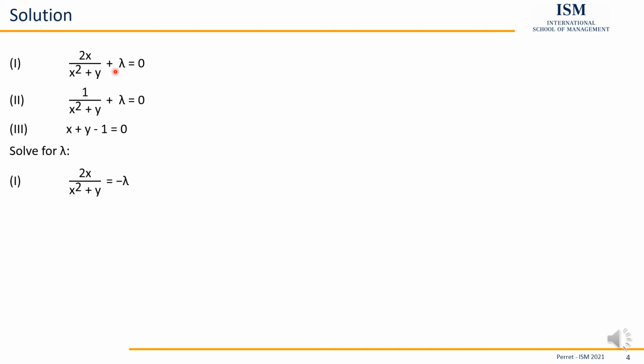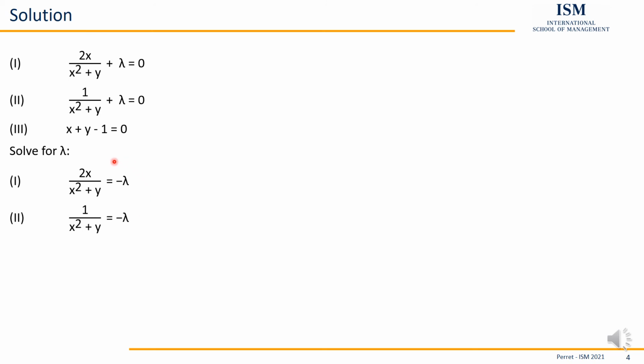Here, it's simply minus lambda, and the second one is also minus lambda. So at this point, we already see I could now get rid of the minuses if I really solve for lambda. But I don't have to because it's already the same. And that's even more important.